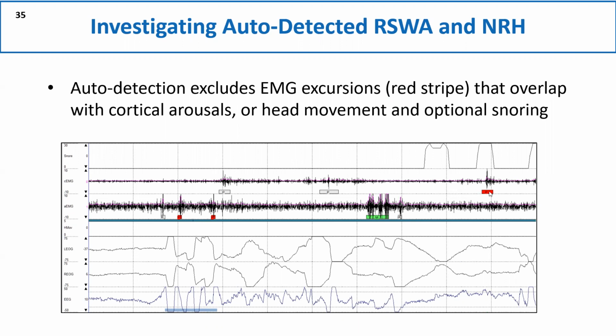We're also excluding events occurring underneath snores, with the capability of the technician to override these rejections if they believe they're valid. The goal is to exclude those EMG excursions that may be respiratory related.